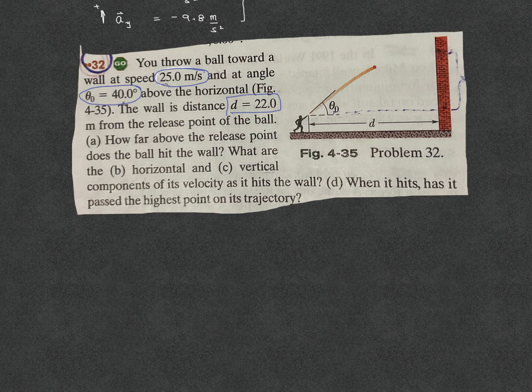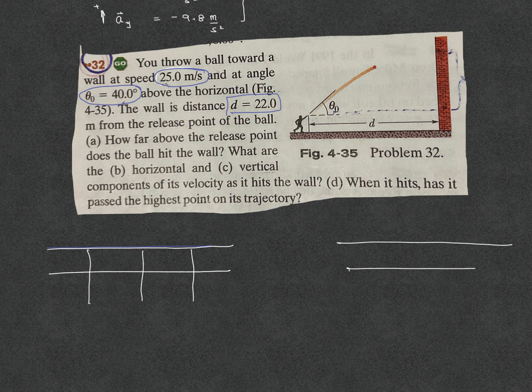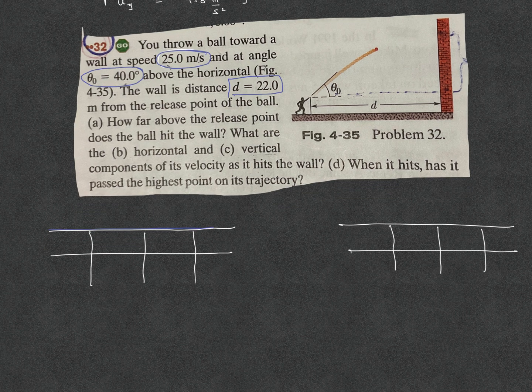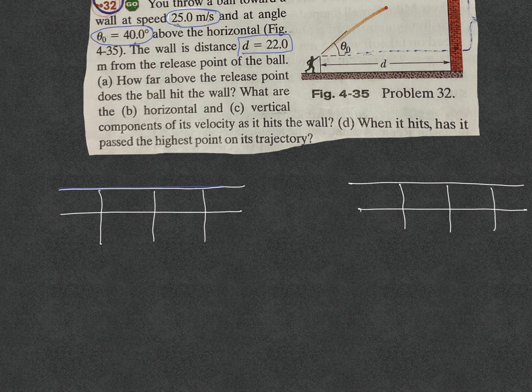So let's actually set up the tables. Let's do the white color, and here you have the x table, and there you have the y table. I have them side by side. Sometimes, depending on the problem, you can do it without using a second table, but just for safety I am using both.